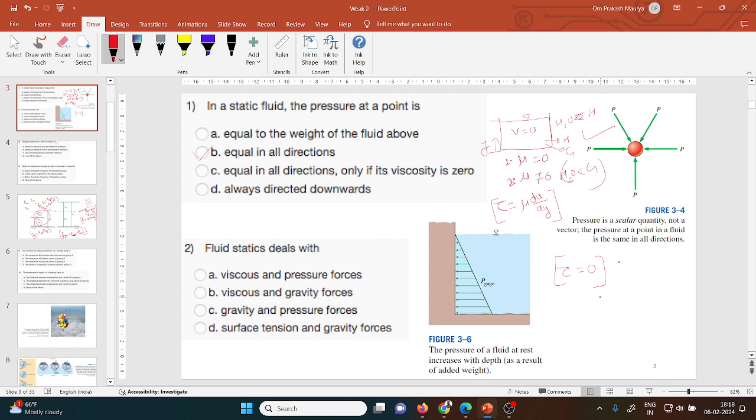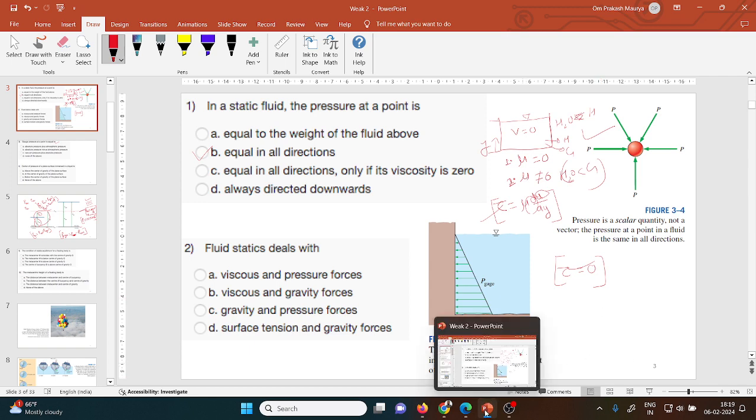Viscosity is not related with the static condition or movement of the fluid. It is a property of the fluid, but shear stress is related with the moving of fluid. So always remember, shear stress will be zero, but viscosity is not zero. Why is shear stress zero? Because the velocity is zero here. So I hope it is clear from my side.